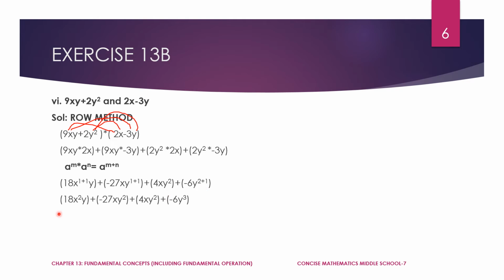And next it would be 18x square y plus bracket minus 27xy square plus 4xy square plus minus 6y cube.